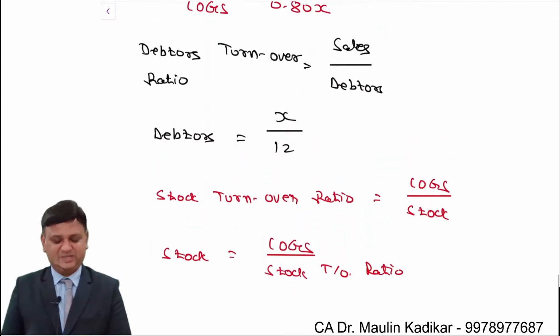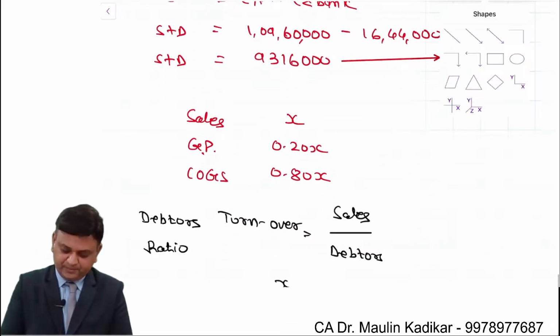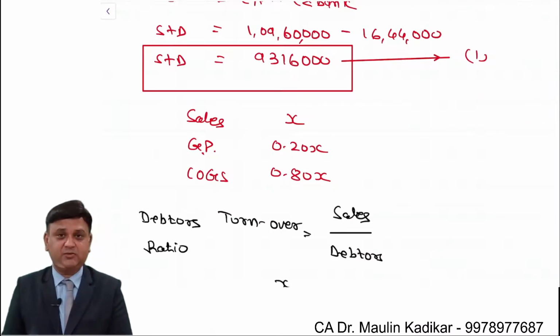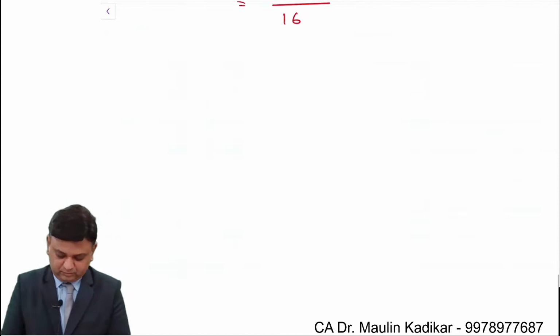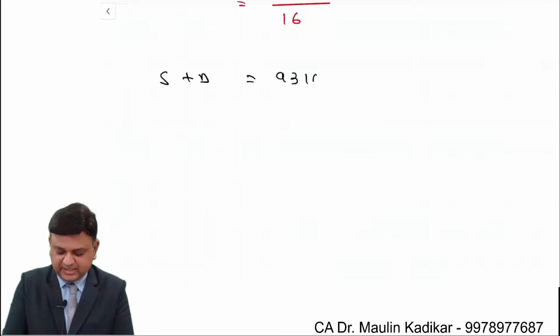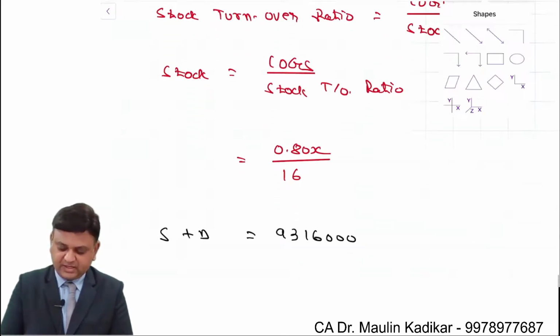Now the last equation. All of you must have understood, I think, now. We know that stock plus debtors is equal to 93 lakh 16,000. What is the value of the stock?